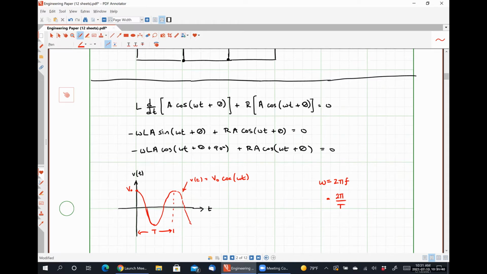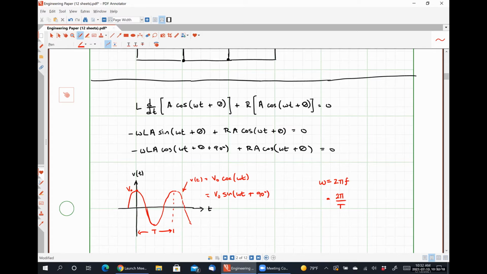All right, so because we see that its maximum value occurs at t equal to 0, we are arbitrarily calling this a cosine function. But if I draw another quarter period here, we could just as easily say that it is a sine function of omega t that's been shifted by exactly 1/4 of a period, or 90 degrees.